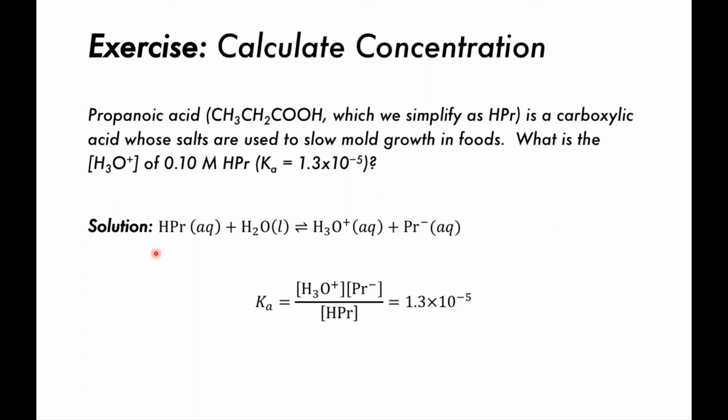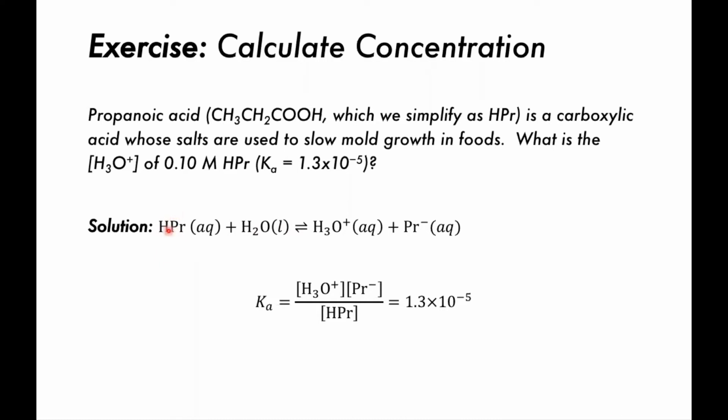We assume that the equilibrium and the initial concentrations of propanoic acid are the same. We can assume that the amount of hydronium ions produced by water is effectively negligible. We also need to write out our balanced equation before we make our Ka. So Ka is going to be based on the balanced equation that we've created.